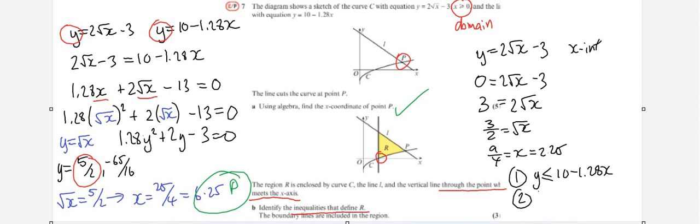The second one is the line C. So it's above the line C. So y is greater or equal, because again the line is included, to 2 root x minus 3. And then finally, our vertical line that we just found, x is greater or equal to 9 over 4. And that takes care of part B. Okay, so basic algebra skills, really.